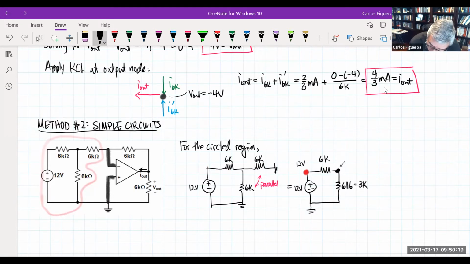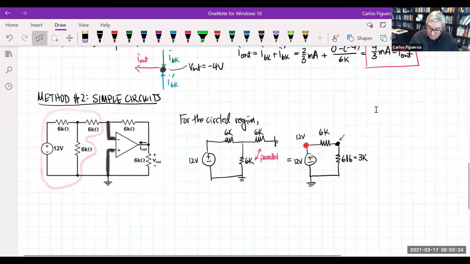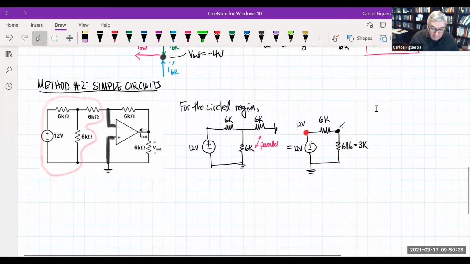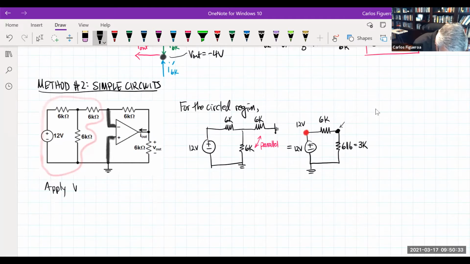So what is that node voltage? Well, it has to be the voltage drop across the 6K here. So if I apply VDR across the 6K, then the voltage of the 6K is going to be, of course, 6 over 6 plus 6 plus 3 times the voltage, which is 12 volts.